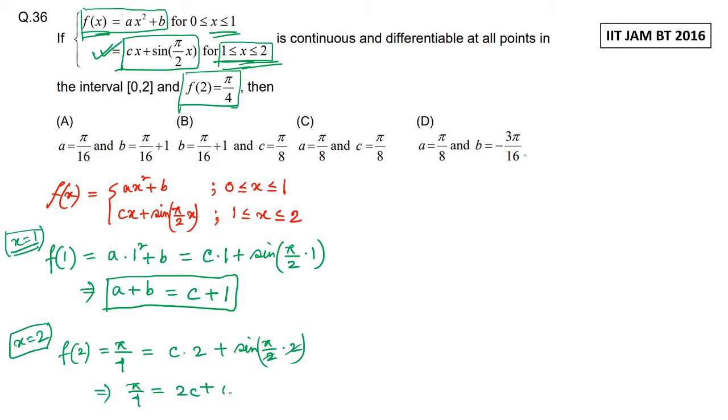Now sine pi is 0. That implies pi by 4 equal to 2c, or c equals pi by 4 into 2, that is 8. So we get c equals pi by 8. So here see which options contain c equal pi by 8, this and this. But we don't know the value of a and b yet, so we have to find the values of a and b first to conclude the result.